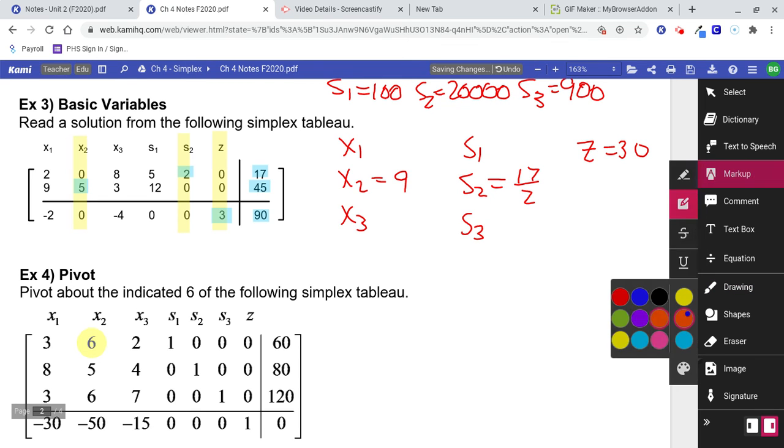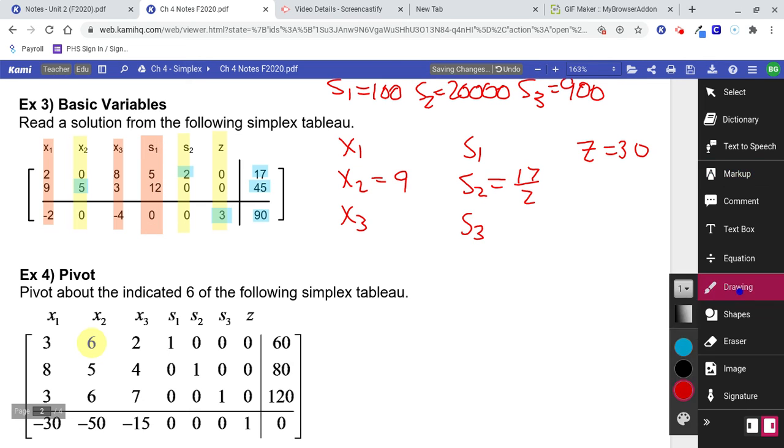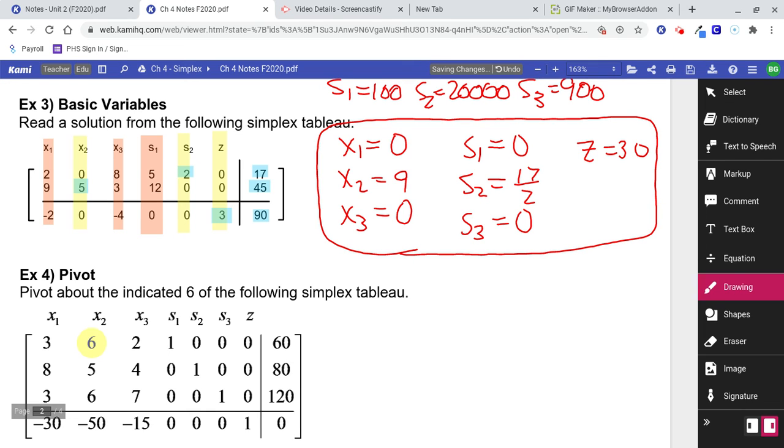The others, I wouldn't know which of those numbers to look at. Those are your non-basic variables, and non-basic variables are always going to equal what? 0. So it says read a solution from the Tableau. Okay, that is a solution. It's not necessarily the optimal solution. It's one of the corners.